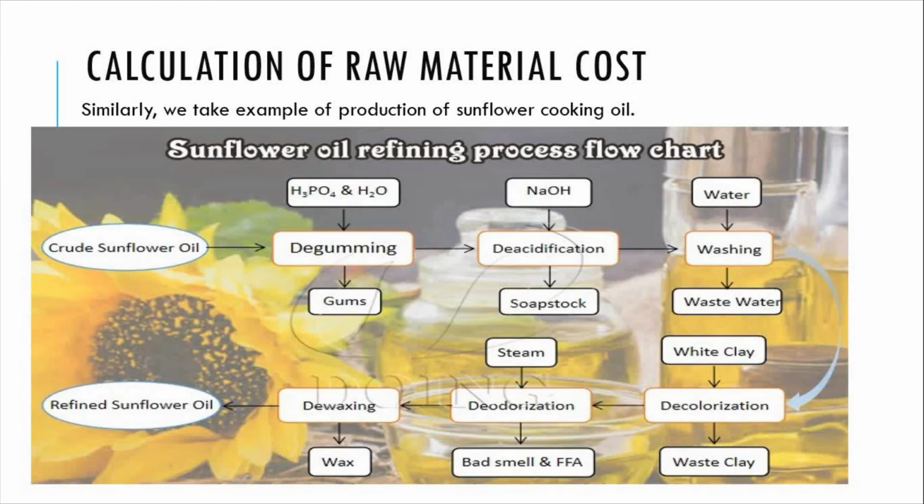When we pass crude sunflower oil through various processes, different ingredients are used to form processed sunflower oil. The weight is reduced by gums during degumming, and so on and so forth, as well as roughly 6% to 8% byproduct soap stock is also extracted during the acidification process, which forms raw material for soap manufacturing.